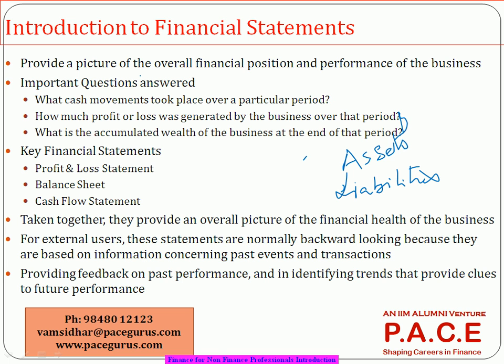But all my vendors require cash. So, cash position is also a very important aspect. It may not be directly linked with profit. Cash and profit are not the same thing here. Profit need not translate to cash, or vice versa.